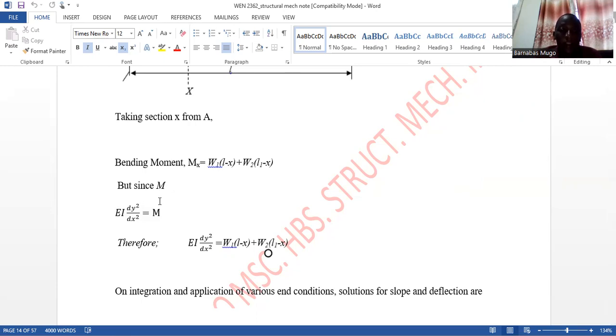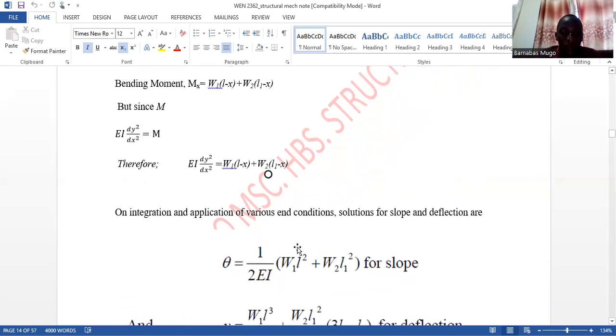That is, in Macaulay's method we are utilizing the equation for the general bending, and therefore it is going to equal whatever is on the right hand side.